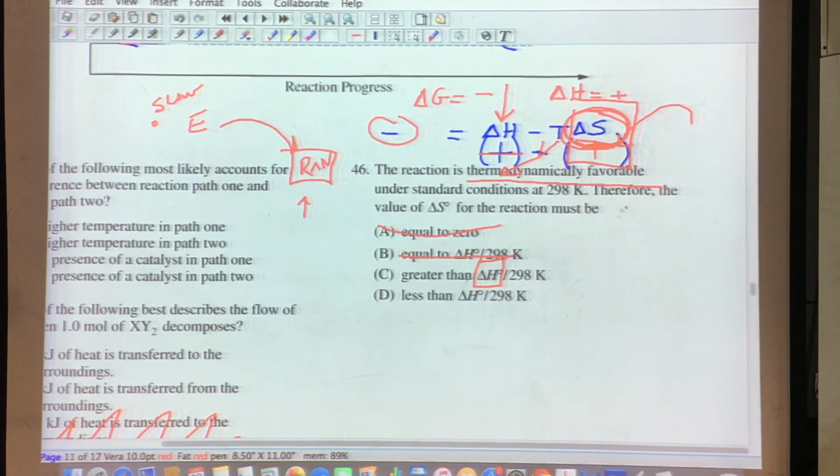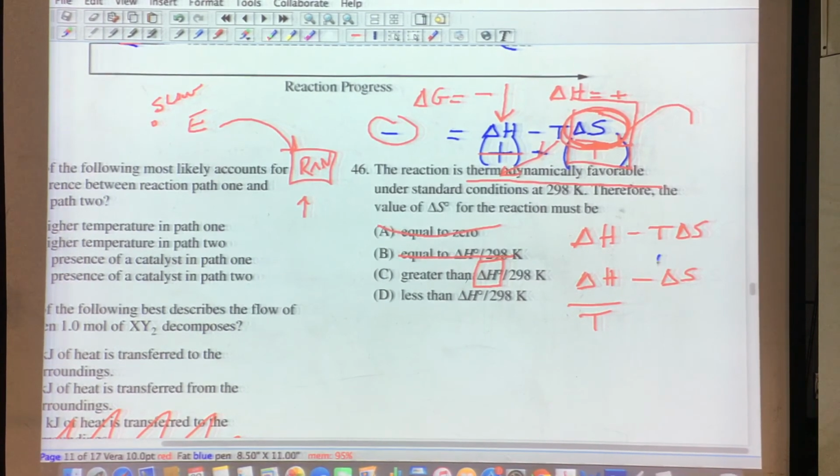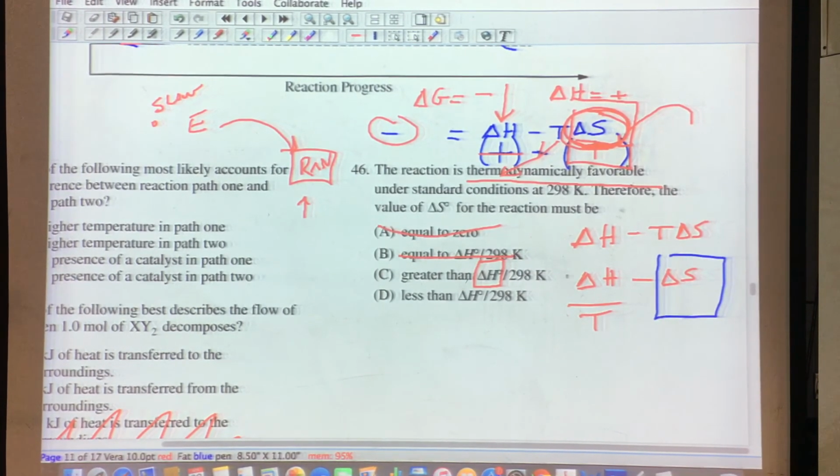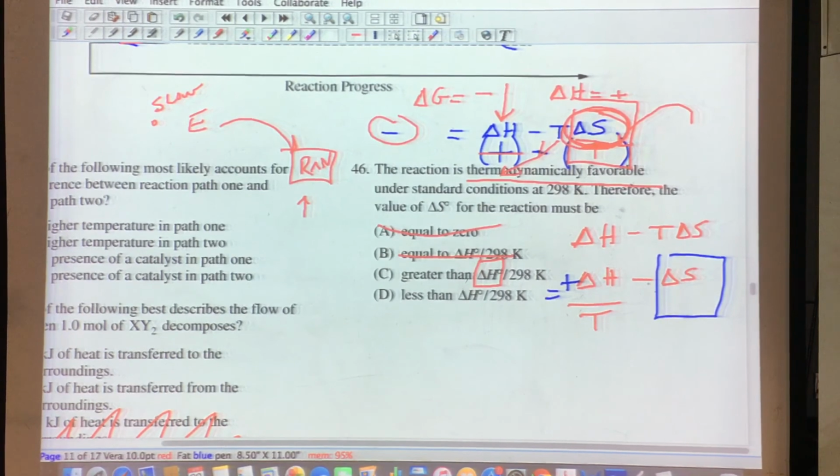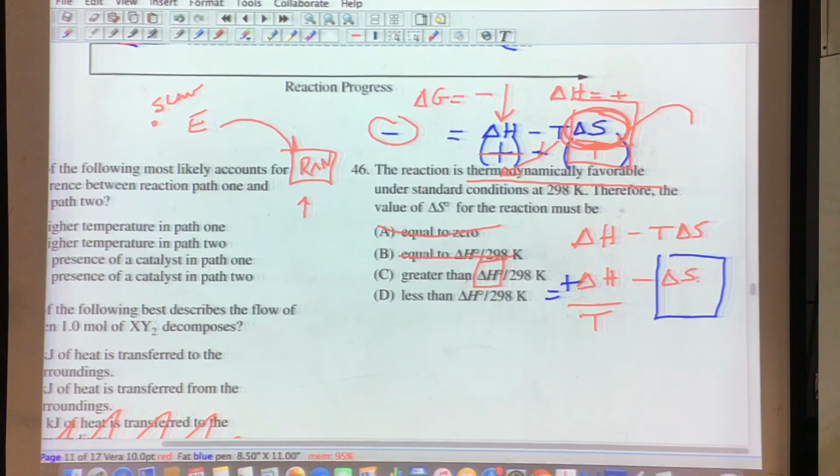In any case, if you didn't like that T, watch what I do here again. Solve for S: delta H minus delta S. And if you just think about it, this has to be a big enough positive. This is a positive value, okay? This has to make this be a big enough negative to make delta G negative and make it thermodynamically favorable. That's why C is the answer.